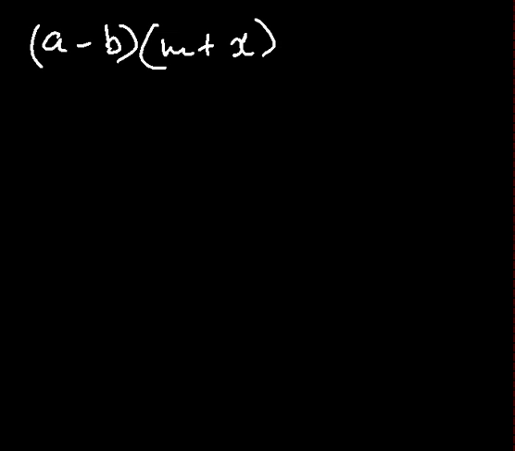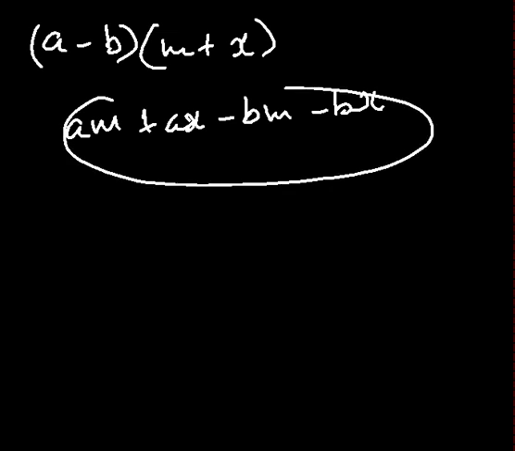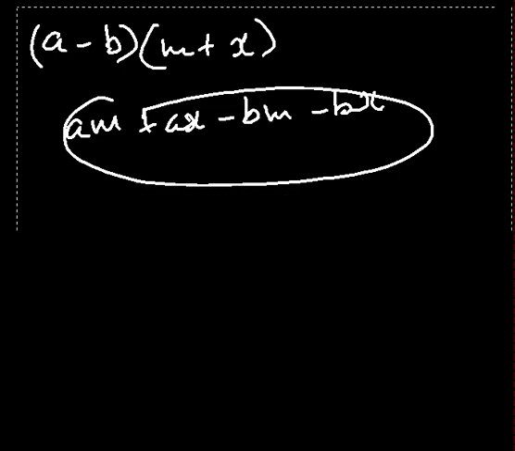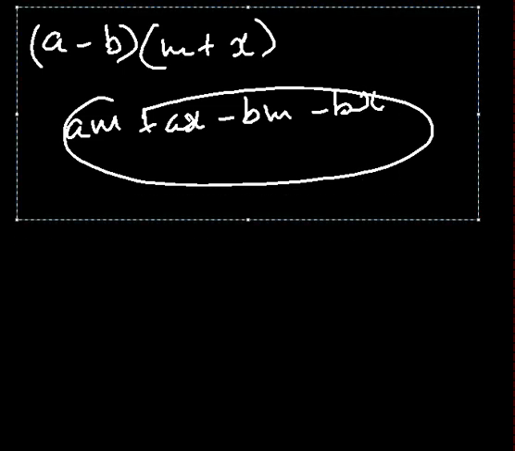We have a times m, which is am, and a times x, which is ax, and minus b times m, that is negative bm, and minus b times x, that is negative bx. So this is also another very important aspect used in the multiplication of surds.